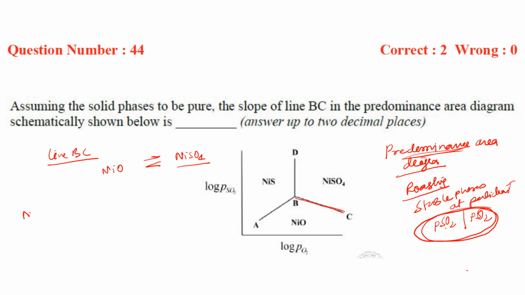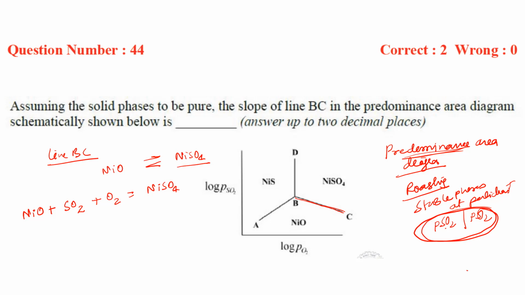We will have to write the equation. Since NiO and sulfur will be there, from where will the sulfur come? From SO2. And from where will the excess oxygen come? From O2. So NiO plus SO2 plus O2 is equal to NiSO4, right guys?